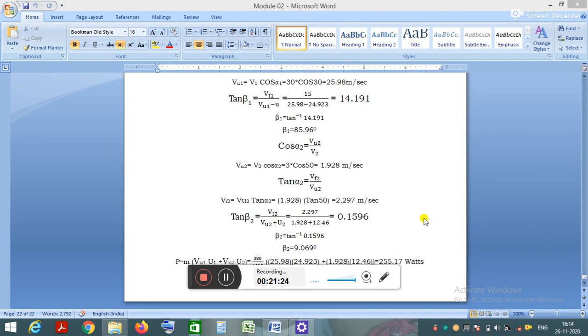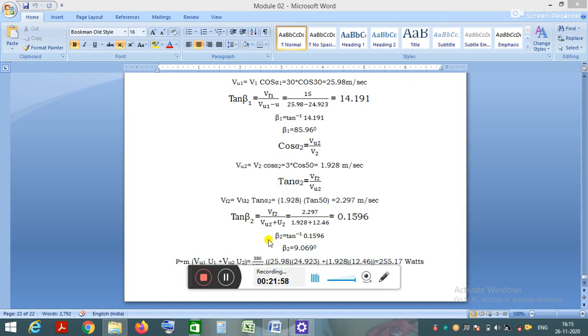Similarly, we have the equation for power generated by a turbo machine as P equals m into Vu1 into U1 plus Vu2 into U2. But the mass flow rate is given in volume, 380 liters per second. To convert that into kg per second, just divide it by 1000, because a liter is 1000 cubic centimeters.